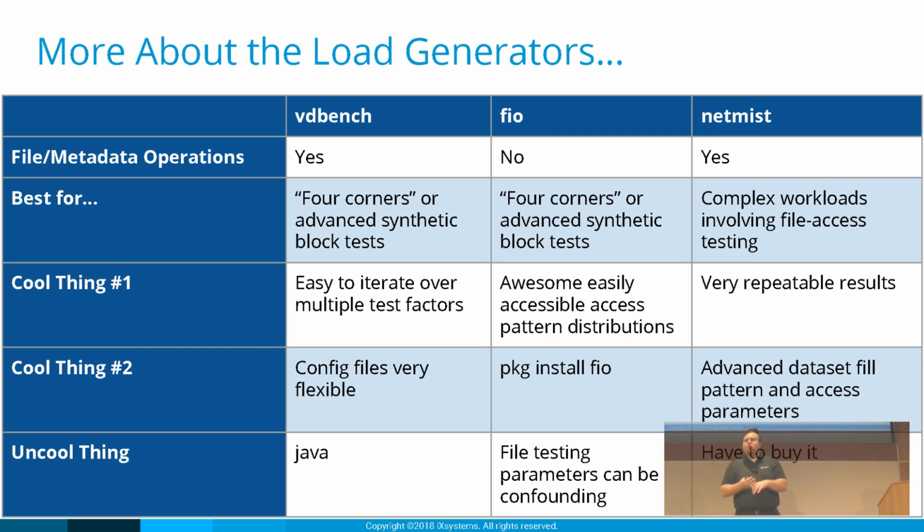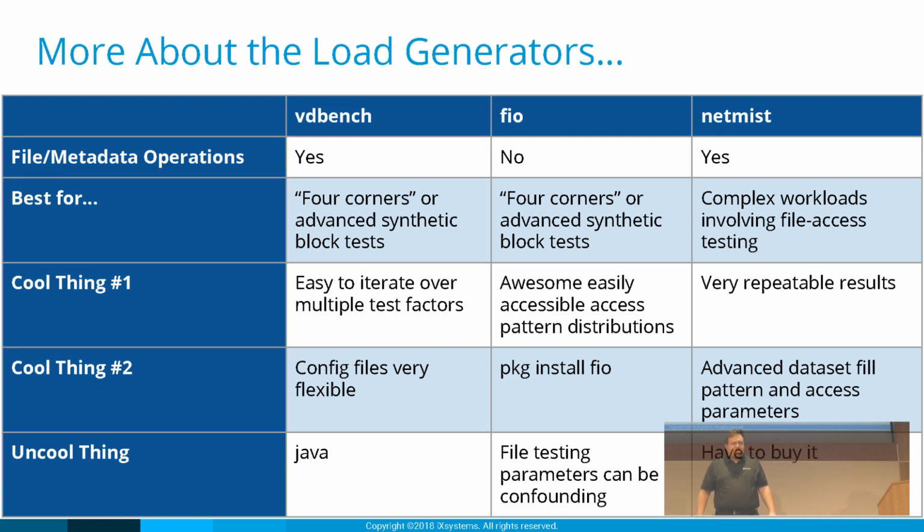They have a geometric distribution as well, which is really cool because those are more realistic than a pure random workload. Typically, you will have LBA regions or files that are accessed a lot more than others in your real environments. The thing I love about NetMist is it's very hard to get a different result when you run it multiple times, just because of the way it runs and the way it is configured. It's really cool that you can get such repeatable results.